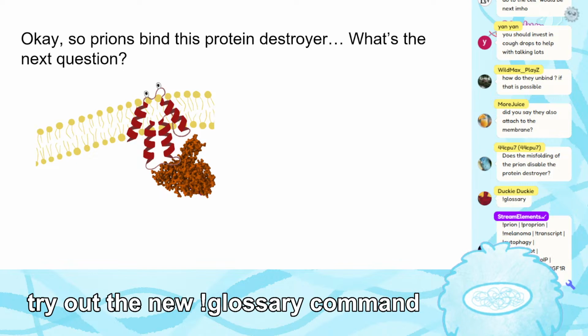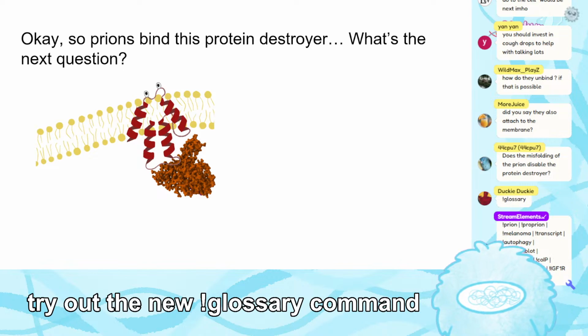So aggregation actually doesn't matter. We're talking about the base prion protein having a cancer function, which is even more surprising. Yeah. So this prion protein anchors a protein destroyer to the membrane.